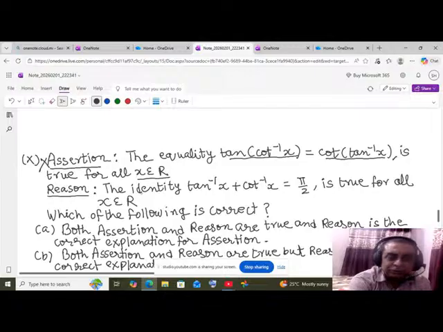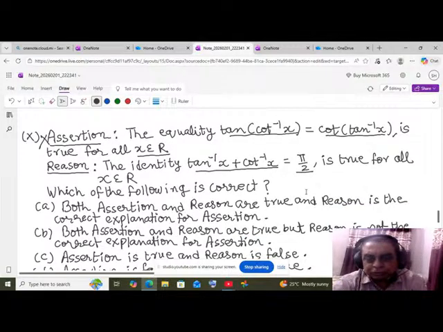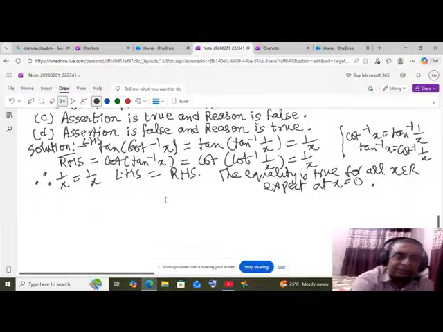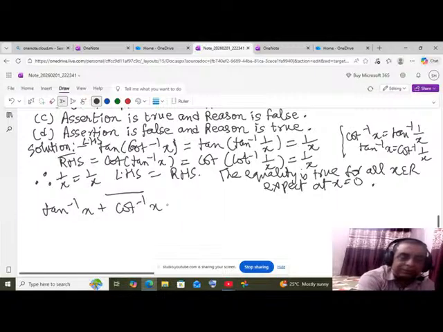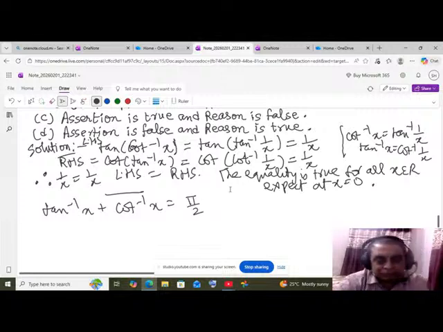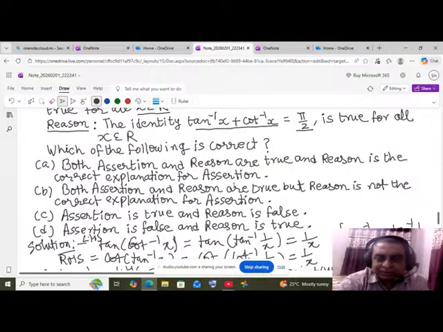Assertion is false. Now the reason: the identity tan inverse x plus cot inverse x value is pi by 2. That is true. We know that this identity is correct. Tan inverse x plus cot inverse x value is always pi by 2, for all x element of real numbers.